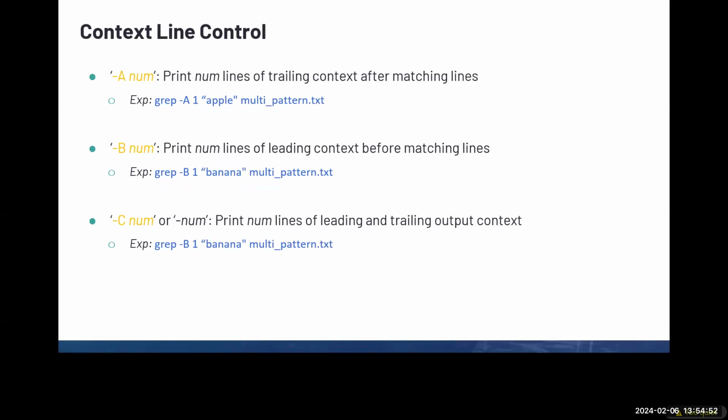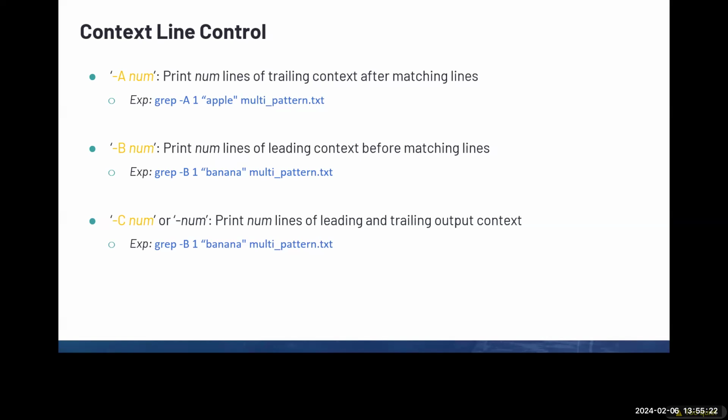So another is context line control, -A, and we give the number. If we type, for example, grep -A1, here it will print that number of lines of trailing context after matching lines. So we are looking for the pattern apple: a line that contains the word apple and one line after.